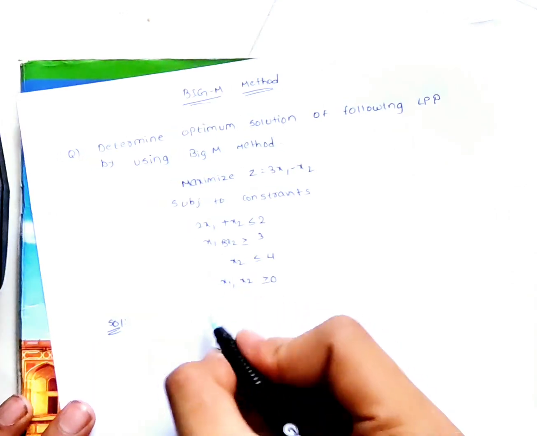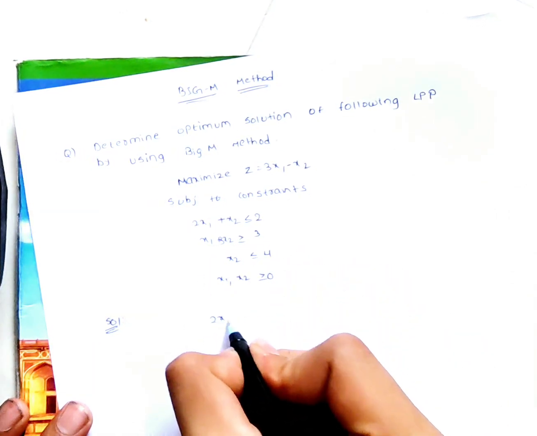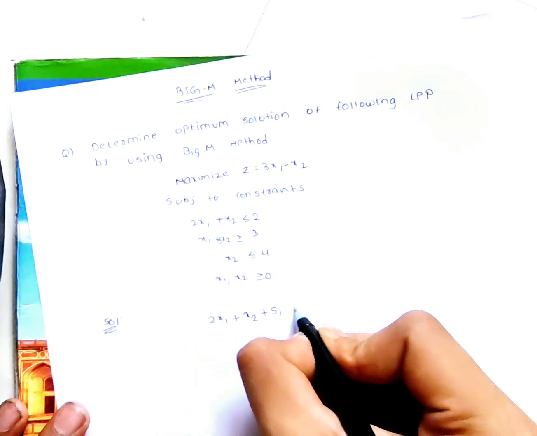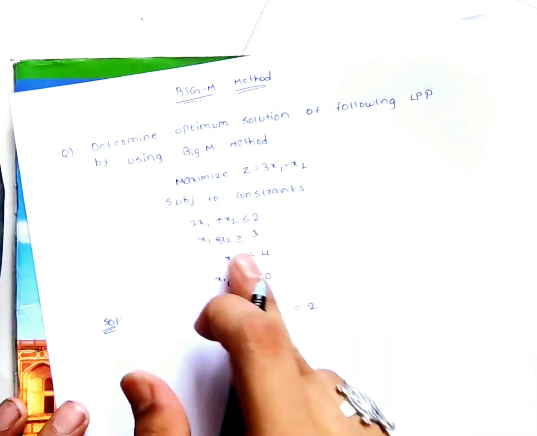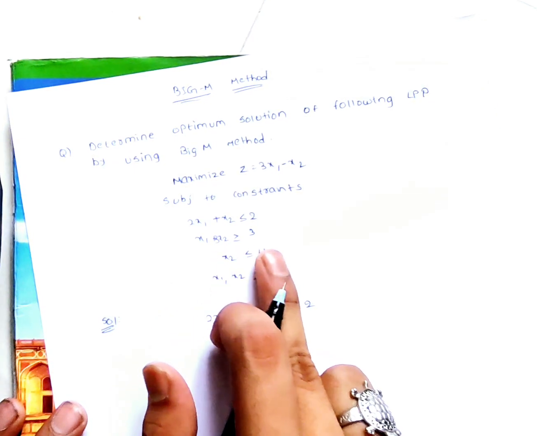So let me change the constraints into standard form. 2x1 plus x2 plus s1 is equal to 2. Next is the greater than or equal to symbol: x1 plus 3x2 is greater than or equal to 3.